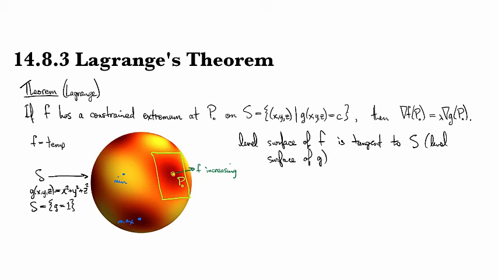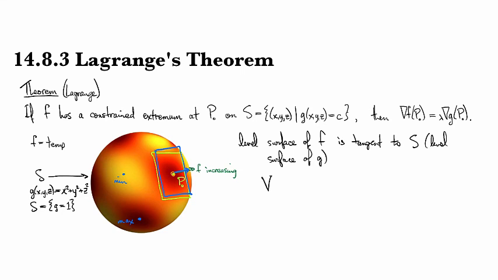When I say that the level surfaces are tangent to each other, I actually mean that the tangent plane to the level surface of f and the tangent plane to the level surface of g are parallel. If we have two planes that are parallel, then their normal vectors are also going to be parallel, and the normal vectors are given by the gradients.